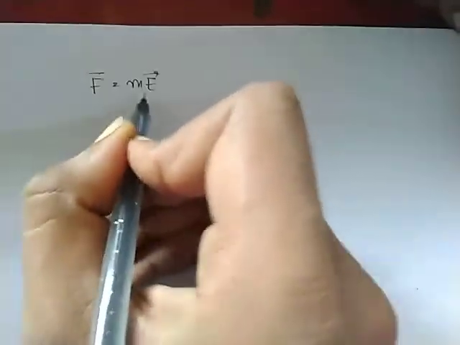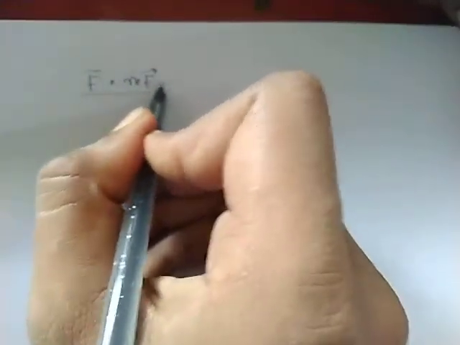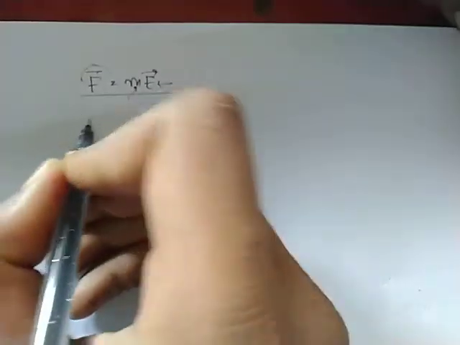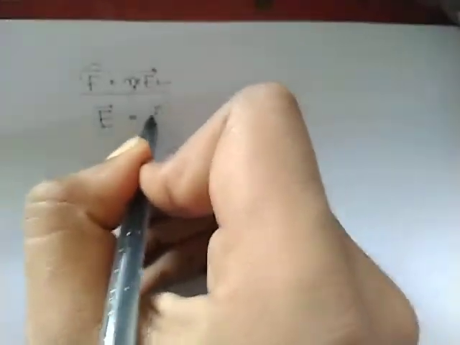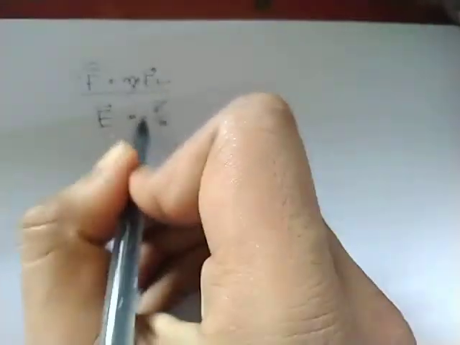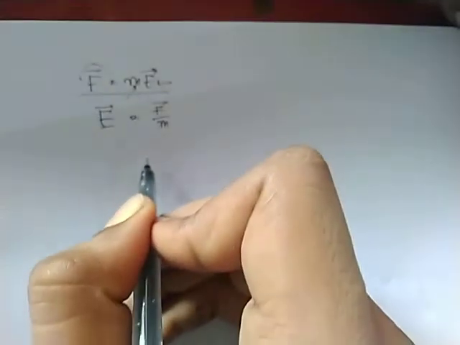Ultimately that gives us the force per unit mass. So we'll write the expression for gravitational force: F equal to mE, where E is the gravitational field, m is the mass and F is the gravitational force. From this we can write E is F by m, that is gravitational force per unit mass.